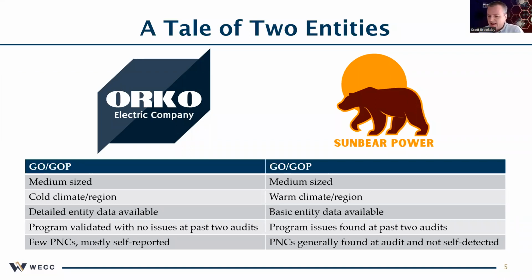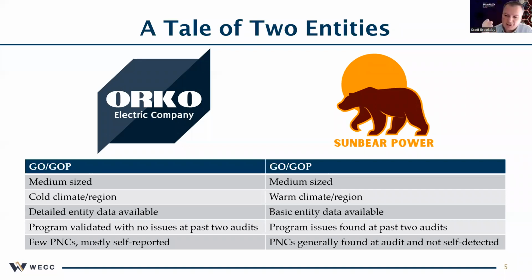One's cold climate, one's warm. Those are still both inherent aspects, but ones they can't change. Orco's in the north and Sun Bear's in the south, and they can't really change that. So that's part of their inherent profile, and it does affect who they are from a risk perspective.